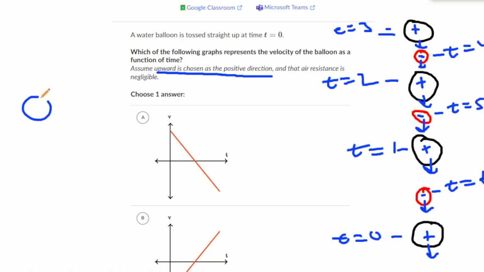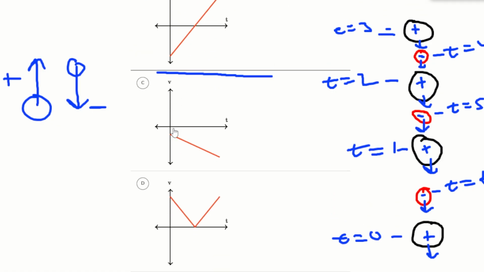So as the water balloon goes up, it's going to be positive, and as the water balloon comes down, it's going to be negative. And the key difference between choice A and choice D is that D has it positive and then positive again. But we just said over here that it has to be positive going up and negative coming down.